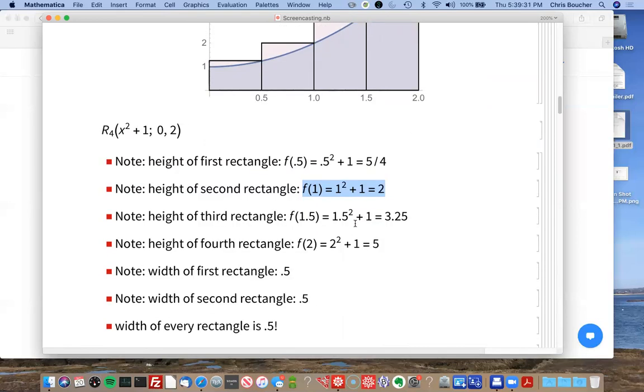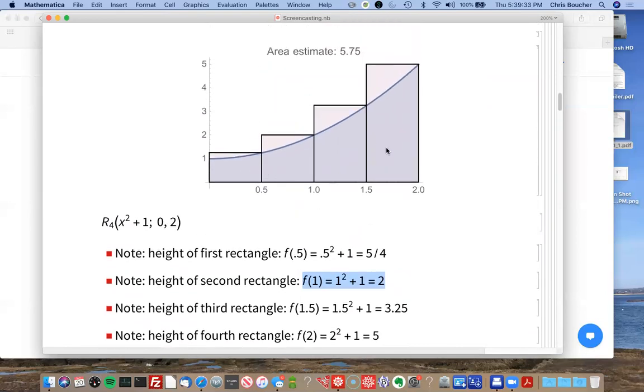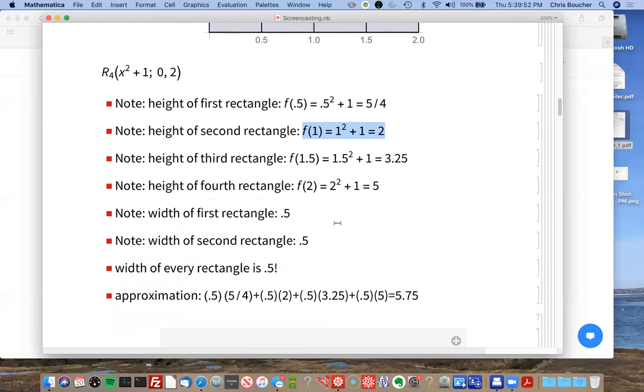The width of the first rectangle, right there, we're getting rectangle areas here. So all I need for each rectangle is height and width. Well, we've talked about the heights. The width of the first rectangle is 0.5, 0 to 0.5. But of course, a moment's glance shows you that all the rectangles are 0.5 of a unit wide: 0.5 to 1, 1 to 1.5, etc. The width of every rectangle is the same.